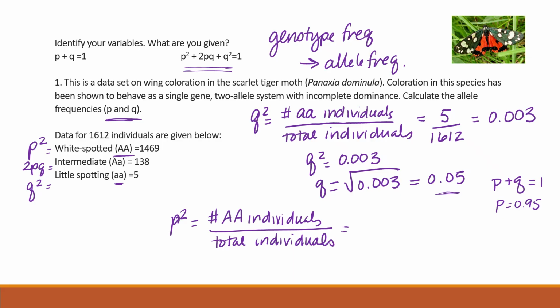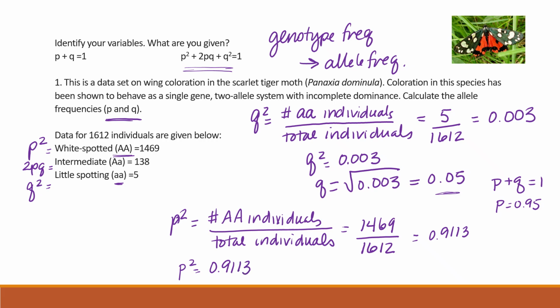So that's going to be 1,469 divided by 1,612. When we do that, we get, hold on, I'm just checking my notes, 0.9113. So P squared, 0.9, I'm going to say 113.